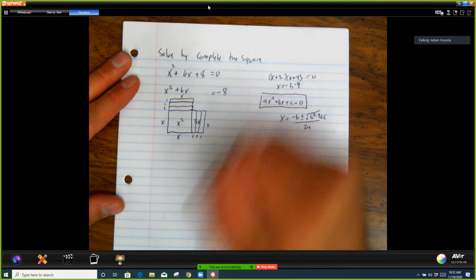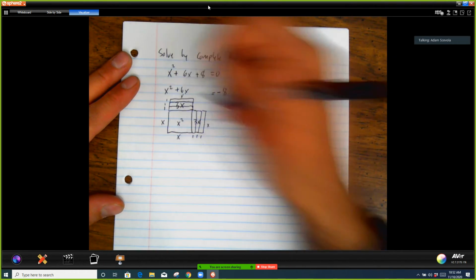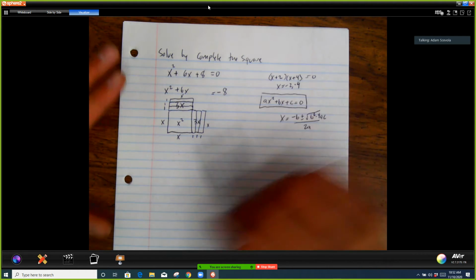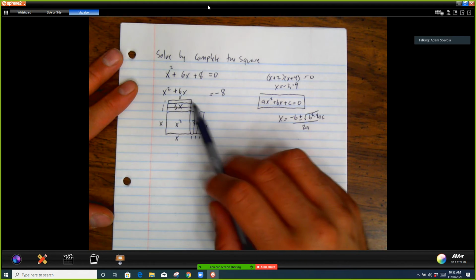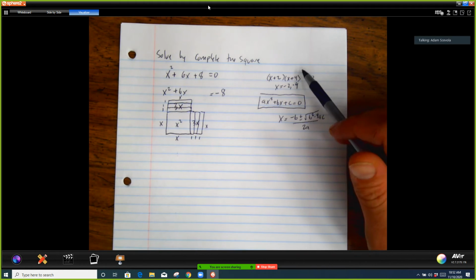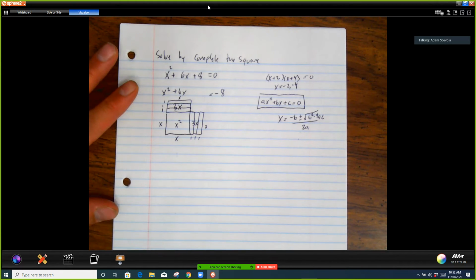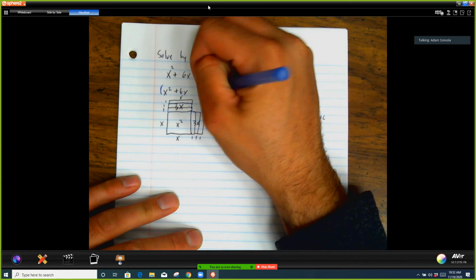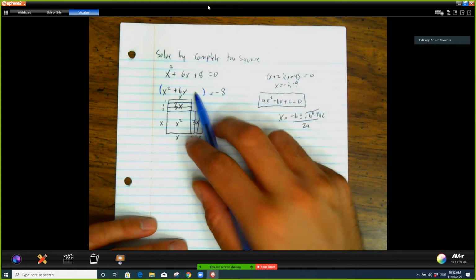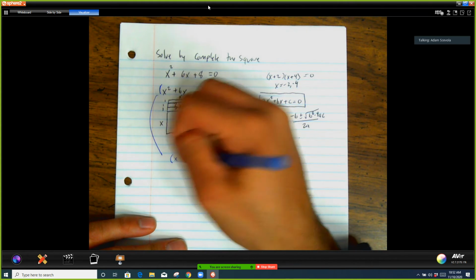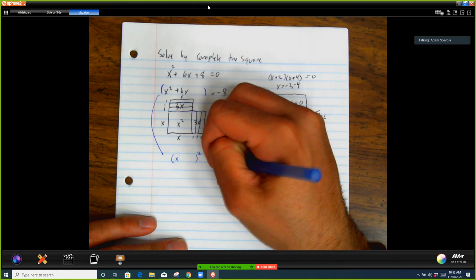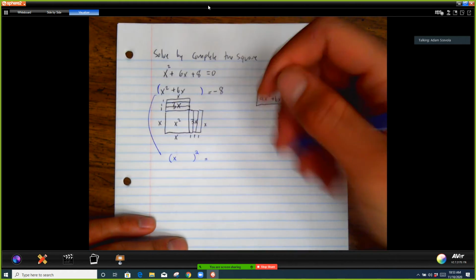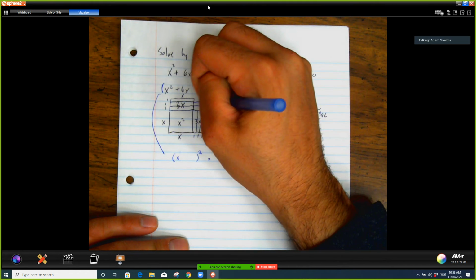What it means is we want to make this a perfect square trinomial, something that could be factored to just x plus or minus something squared equals something else. That's what it means to complete the square. Now, if we look at this geometrically, we could see that if we just added 9 1 by 1 squares, then that would make this a perfect square, where this side was x plus 3 in length, and the other side was also x plus 3 in length.